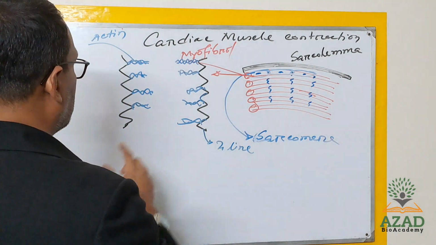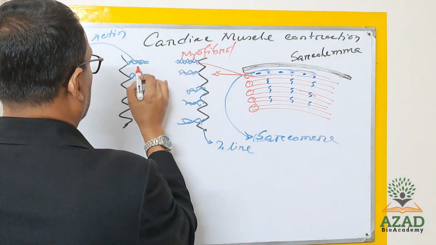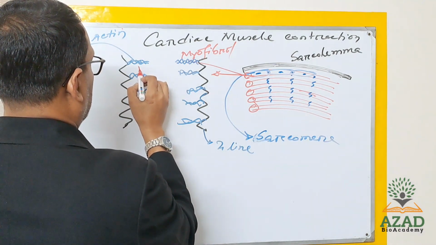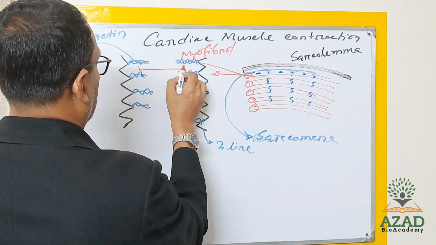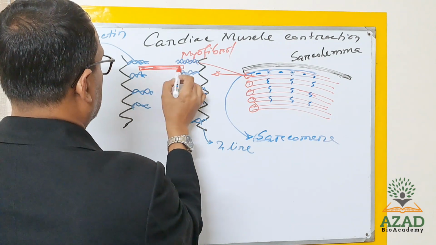This is the thin filament, and among them thick filaments are there. Thick filament. So this is thick filament.